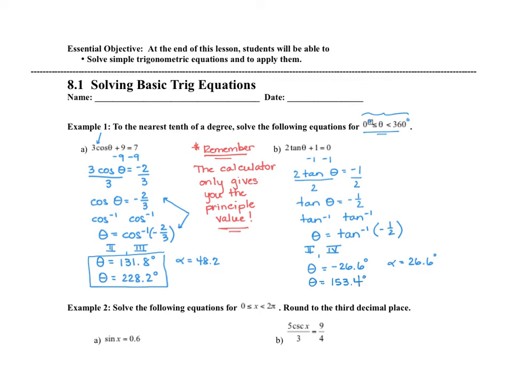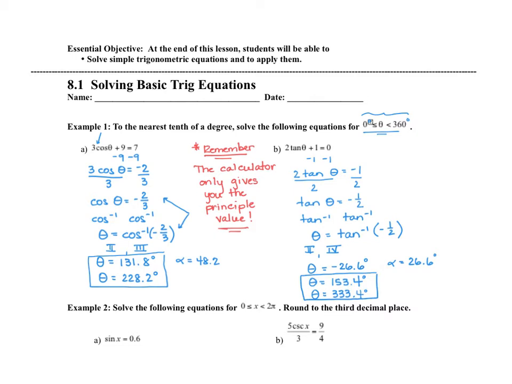And if I subtract 26.6 from 360 degrees, I'll get theta equals 333.4 degrees. That's my angle measure in quadrant 4.